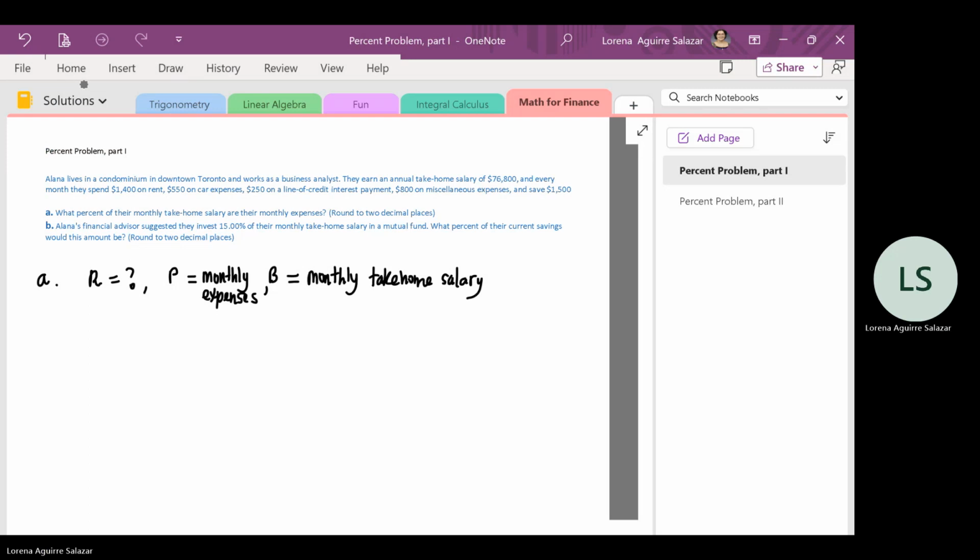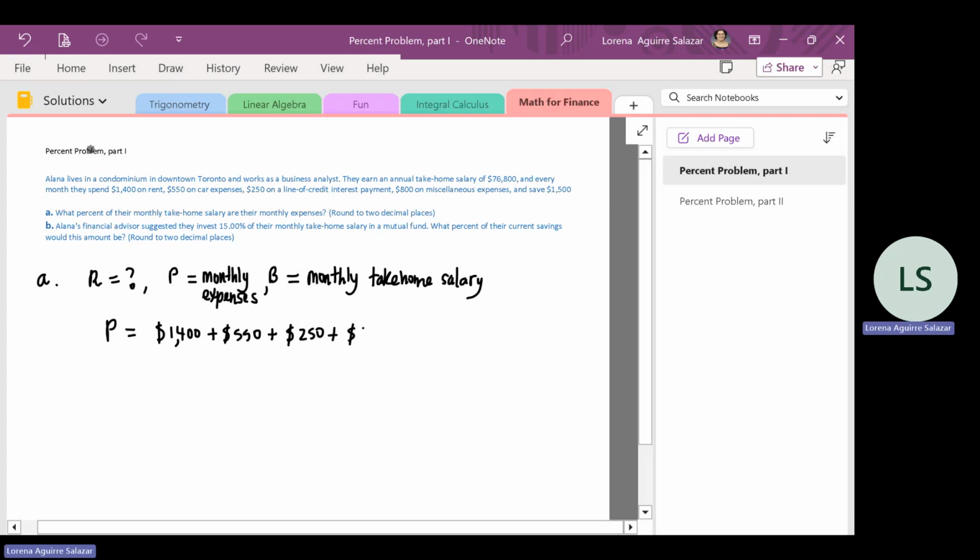So let's see. The monthly expenses can be found by adding expenses that Alana has. Every month they spend $1,400 on rent, and then $550 on car expenses, $250 on a line of credit interest payment, and the last expense they have is $800.